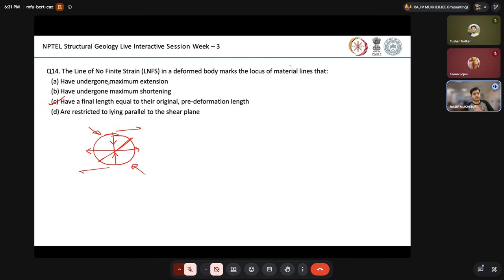It never mentions whether the line will rotate or not, because of course a line, even for no finite strain, will rotate, but the length of the line will not change.